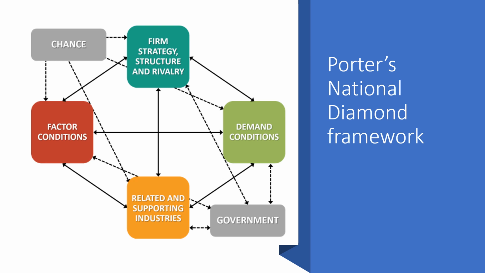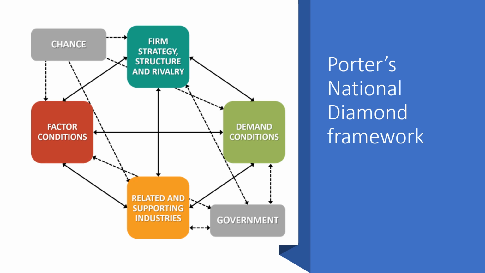Next, related and supporting industries. Alphabet benefits from a robust ecosystem of related and supporting industries, including suppliers, service providers, and technology companies.